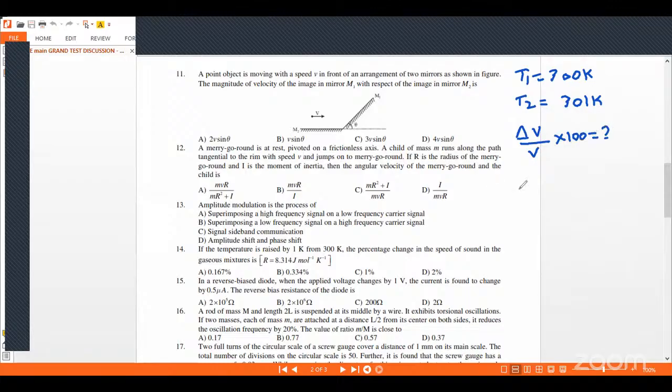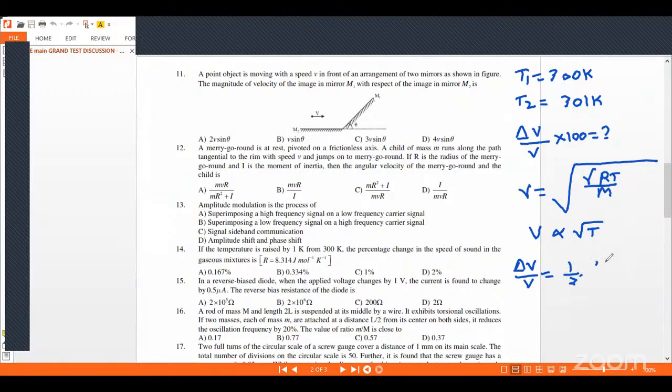Speed of sound, we have the formula under root gamma RT by capital M. Gamma R by M is a constant, so velocity is proportional to root T. So delta V by V equals 1 by 2 times delta T by T, which is half into 1 by 300.